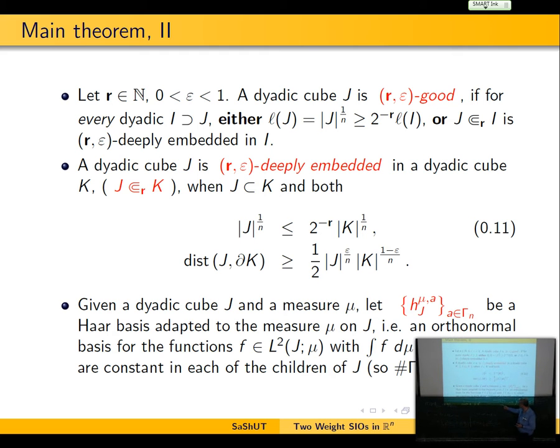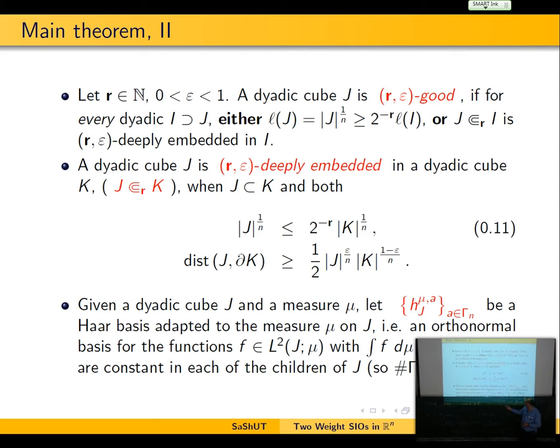Meaning you cannot be too close to the boundary of I in a quantitative way. This is what's recorded here: the distance from J to the boundary of K, where K is supposed to be I here, is at least this quantity. But this has to hold for every pair of intervals.